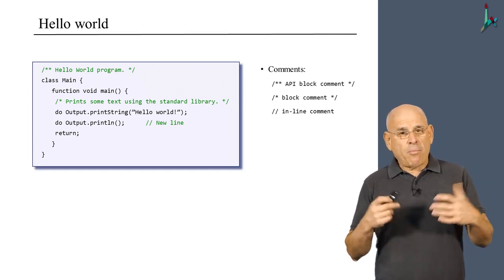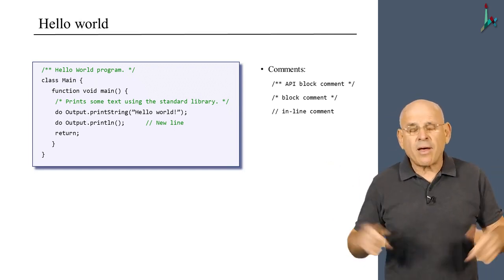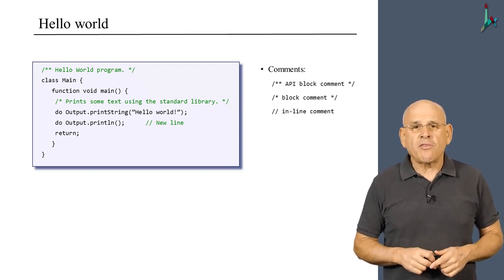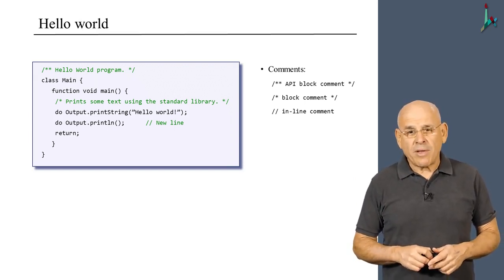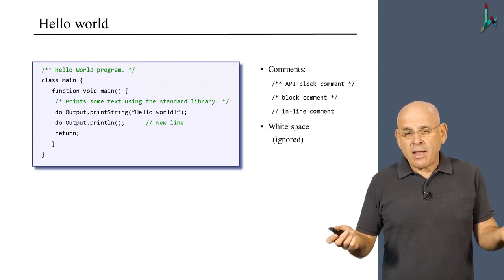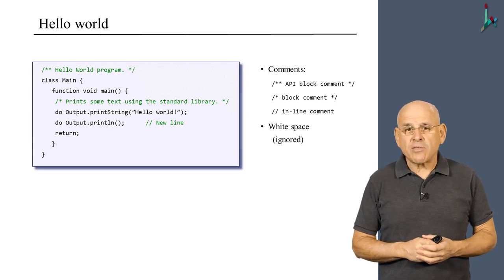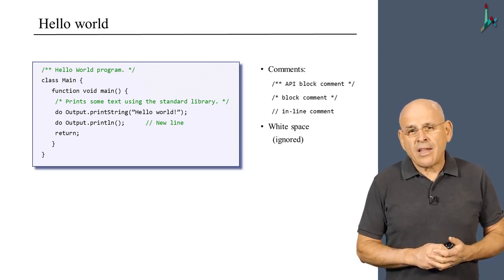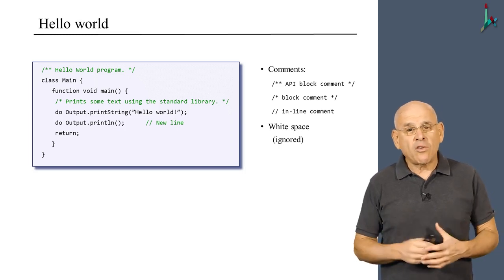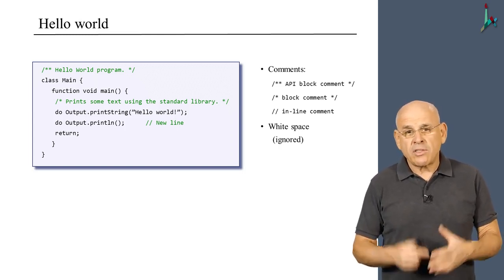We have block comments, which are delimited by these two delimiters, and we have inline comments which are used for internal documentation. In addition, we have white space. We can use as many space characters as we want in our code, and we exploit this white space and the fact that it's ignored by the compiler in order to use indentation.